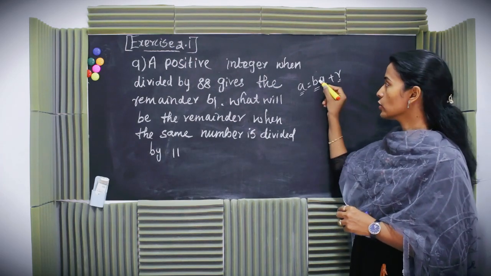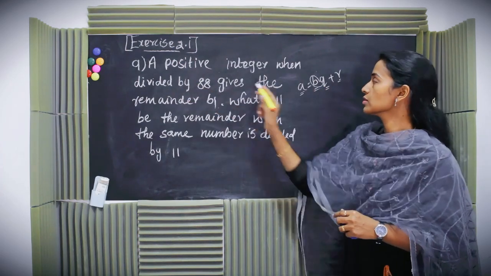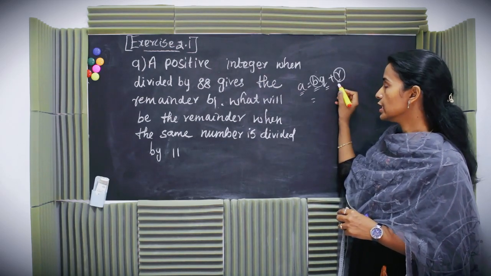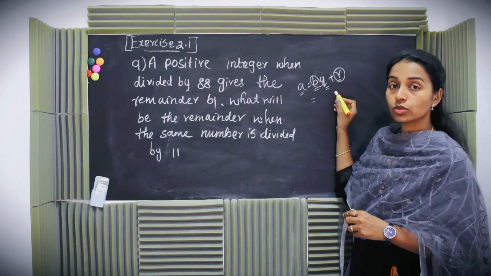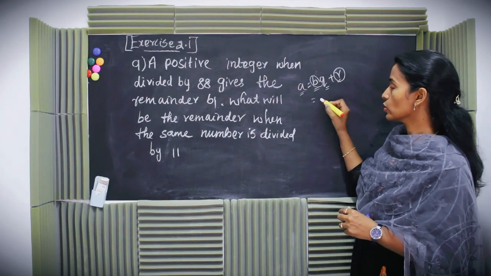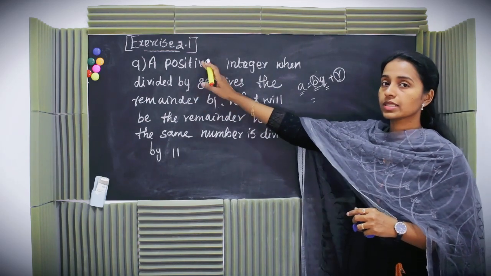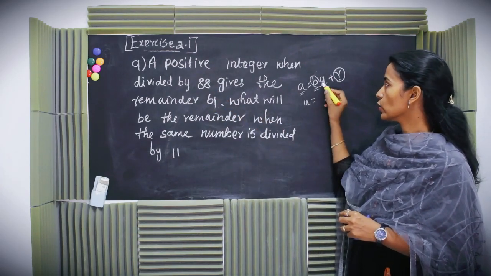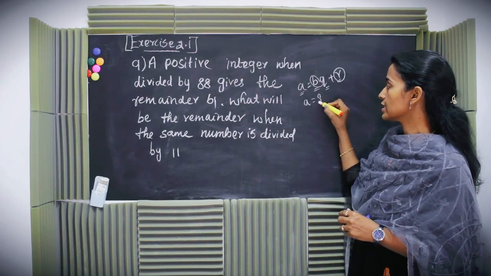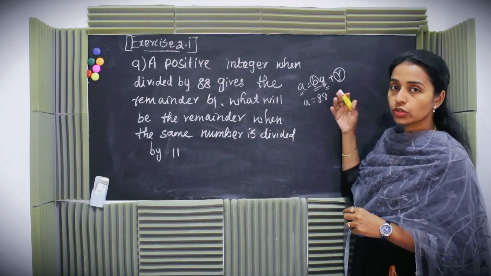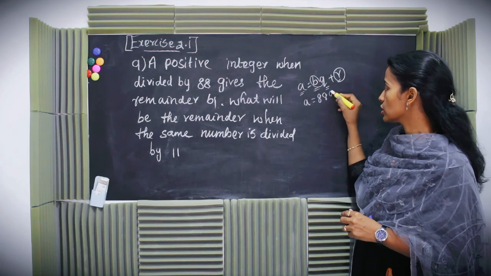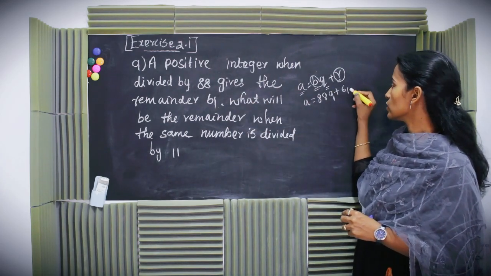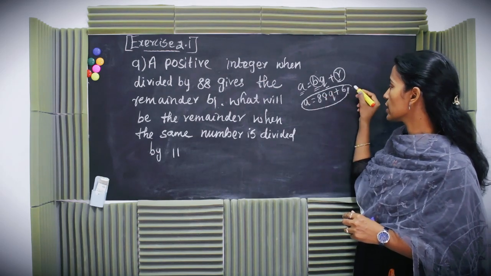Here we know the divisor and also the remainder. So if we apply these values in this formula, we'll get A equals, what is B here? 88, right? Q we don't know, so I'm writing Q, plus what is the remainder? 61. This equation I'm getting, right?